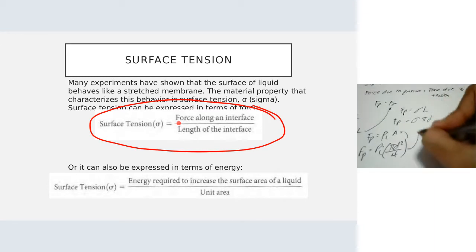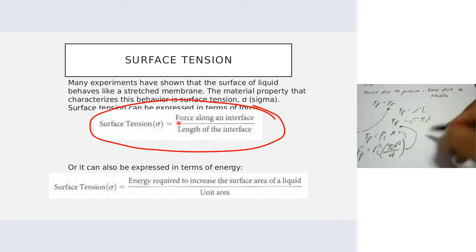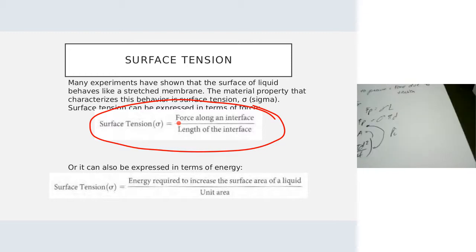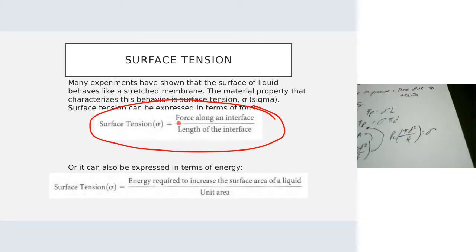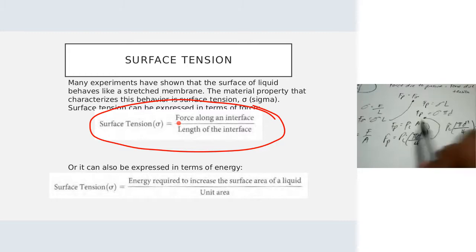Now, the equation will become P sub i times pi d squared over 4 equals surface tension times pi d. If we substitute this equation to this equation.